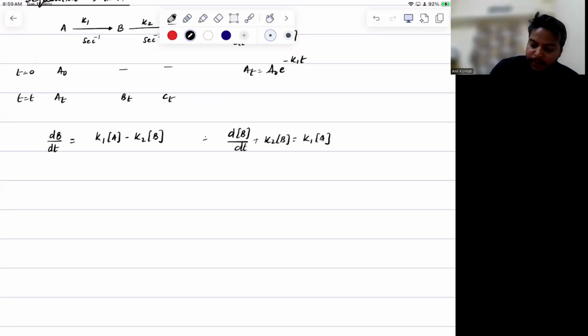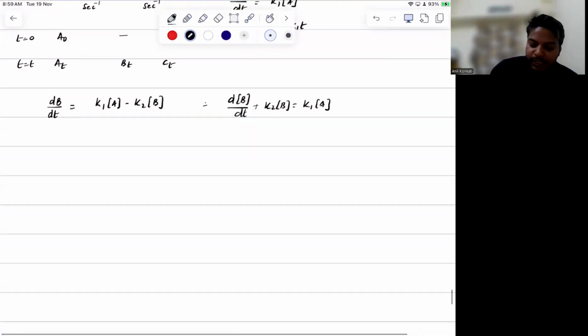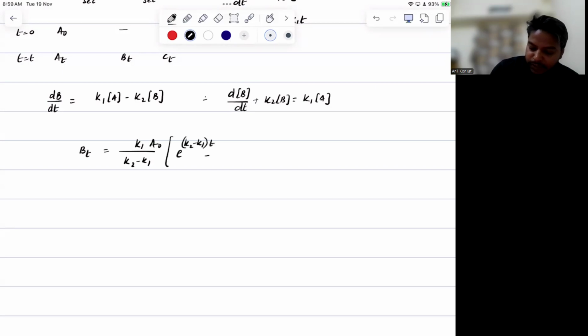Okay. Now, by multiplying this with e raised to power of K2 into t on both sides, I would be able to solve it using integration by parts. And from there, you would get Bt. I'm writing that value directly. Bt is equal to K1 by K2 minus K1 into A naught, and that e raised to power of K2 minus K1 into t minus 1.